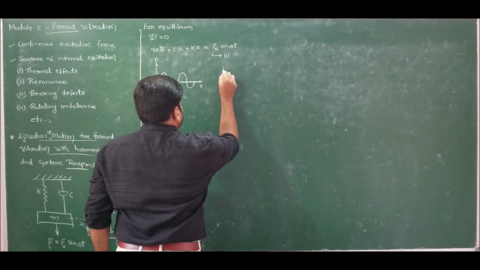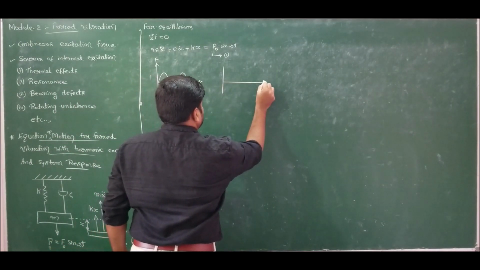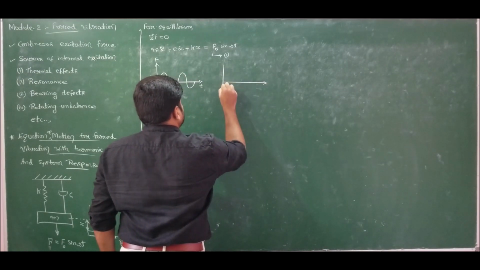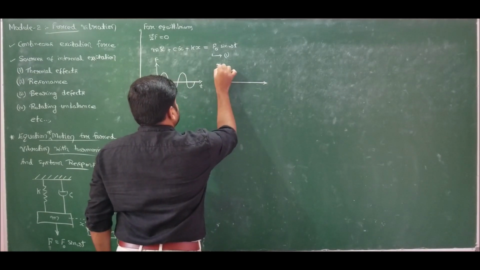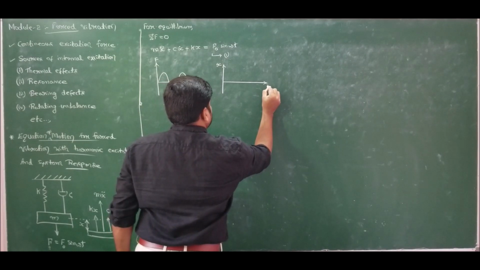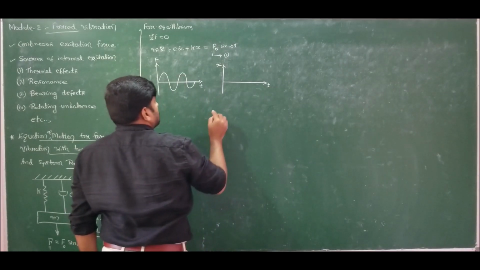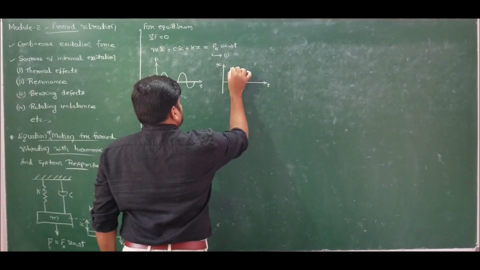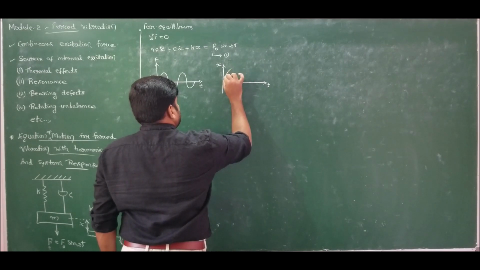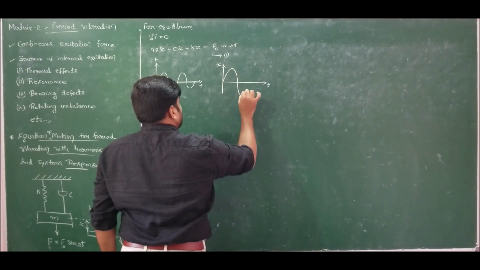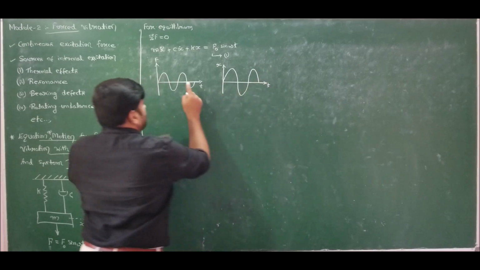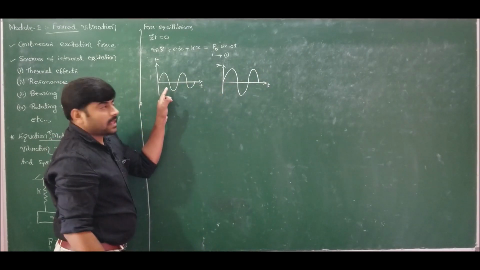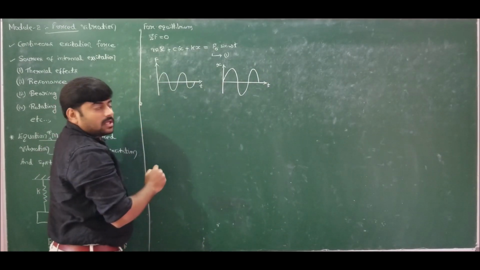Now if I consider the displacement x as a function of time, with A as the amplitude of vibration, even this is also harmonic, there is a phase difference between these two, correct?